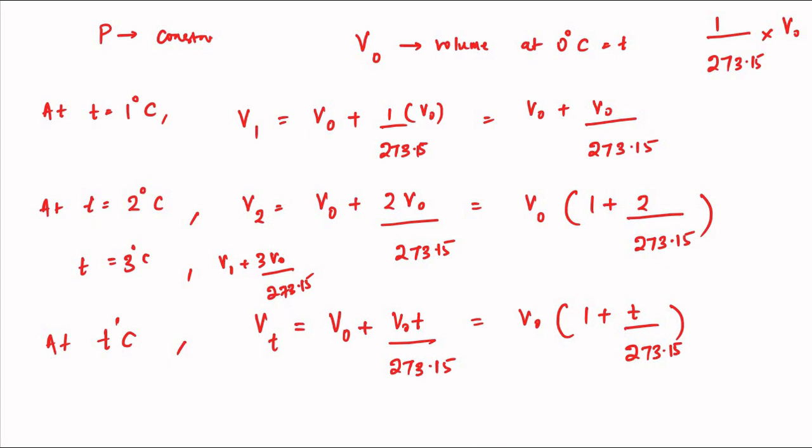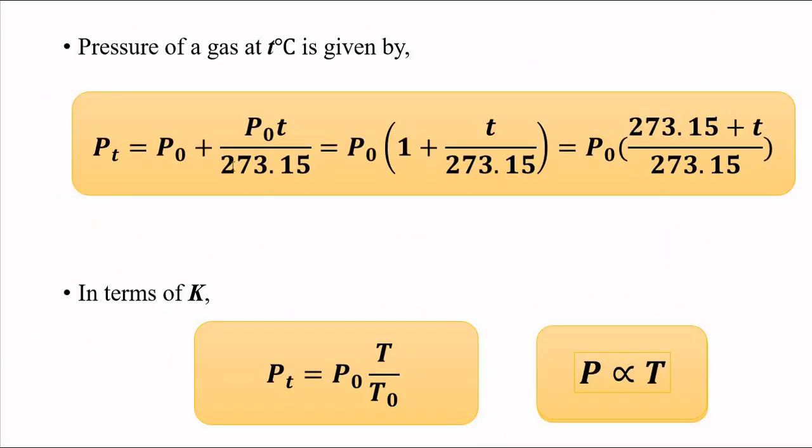So this is the expression: pressure of a gas at a particular temperature t expressed in Celsius is given by Pt equals P0, where P0 is the pressure of the gas at t equals 0 degrees Celsius, plus 1 by 273.15 into P0.